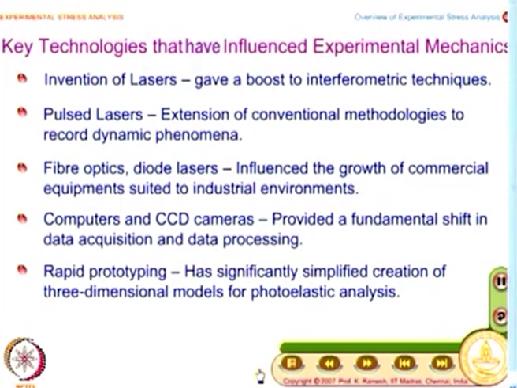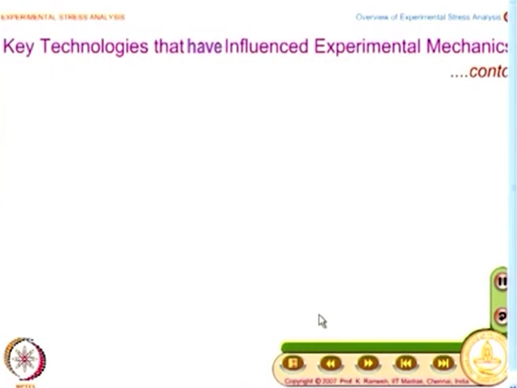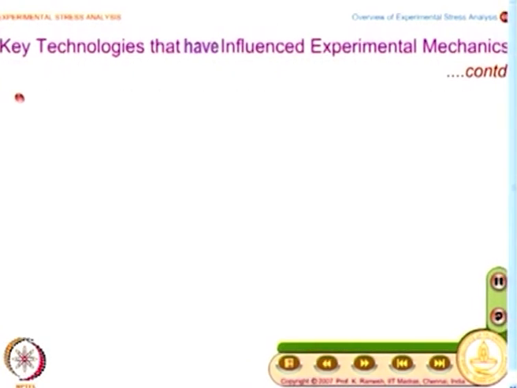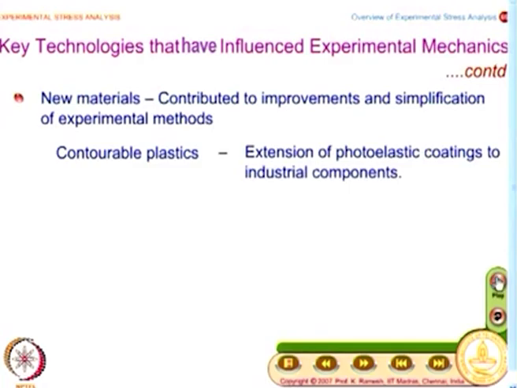And I said, if you look closely at the development of science, material research has always played a very key role. New materials have contributed to improvements and simplification of experimental methods.